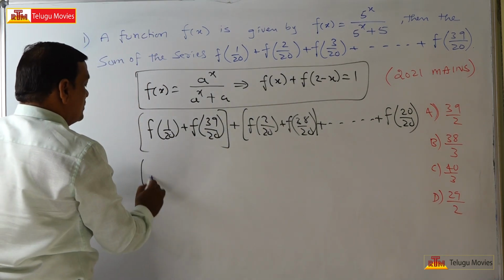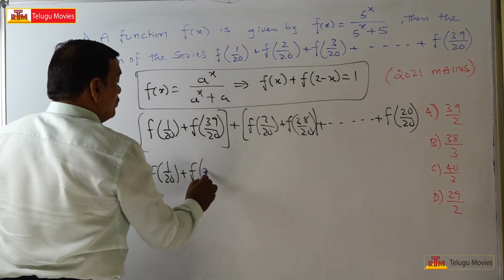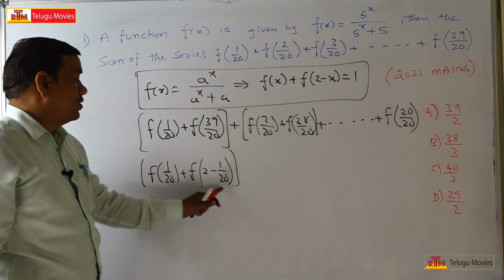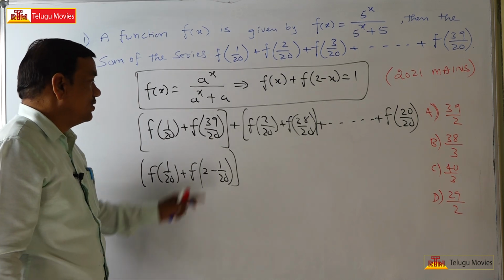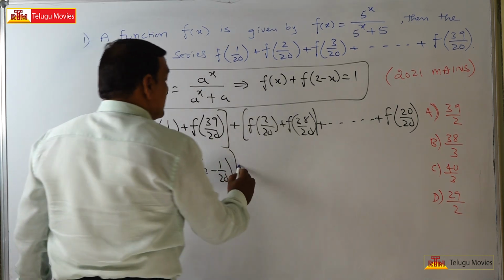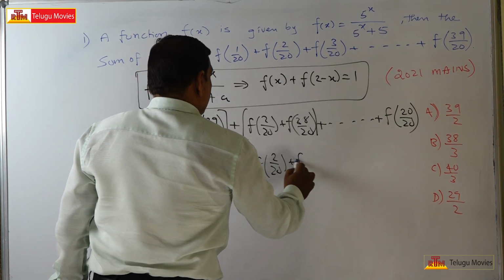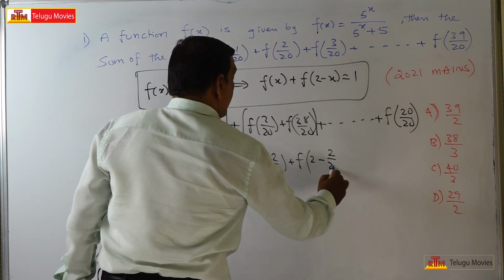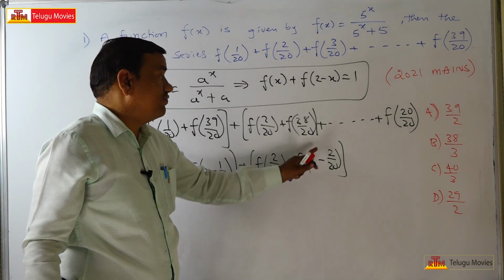Observe here, can I write it like this? f of 1 by 20 plus f of 2 minus 1 by 20. 2 twenties are 40, 40 minus 1 is 39. Similarly, f of 2 by 20 plus f of 2 minus 2 by 20, since 2 twenties are 40, 40 minus 2.